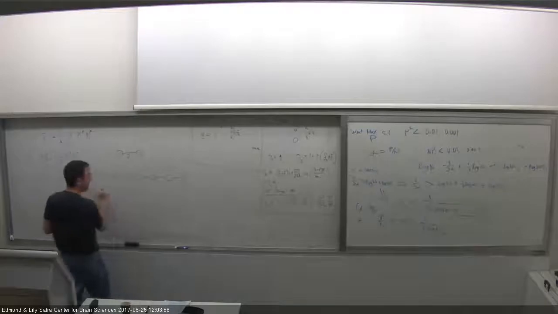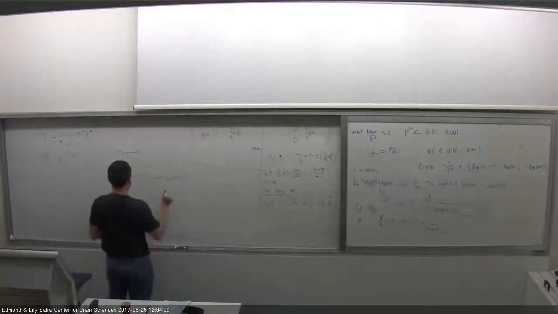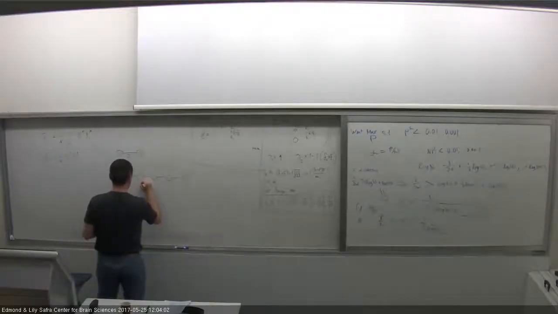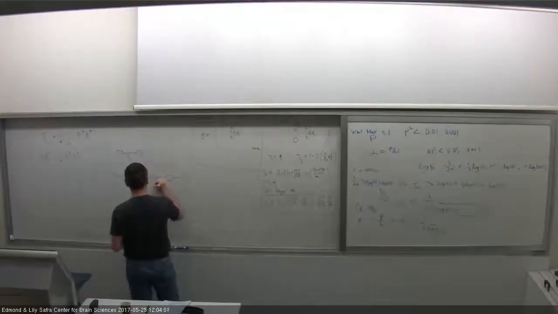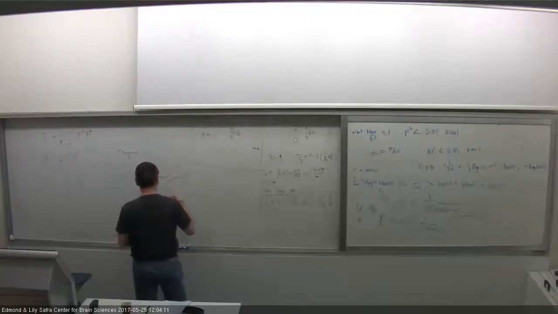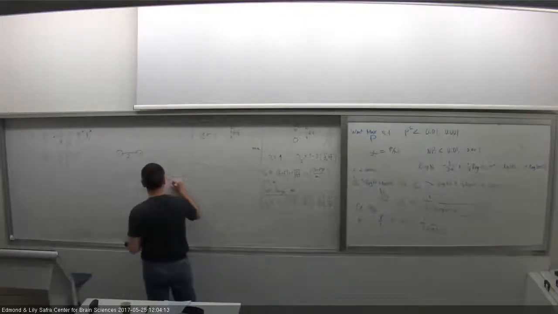So we have many states. Let's say that this one would correspond to jij being equal to 0. This one would correspond to jij being equal to 1 over n. This one would correspond to jij equal to 2 over n.